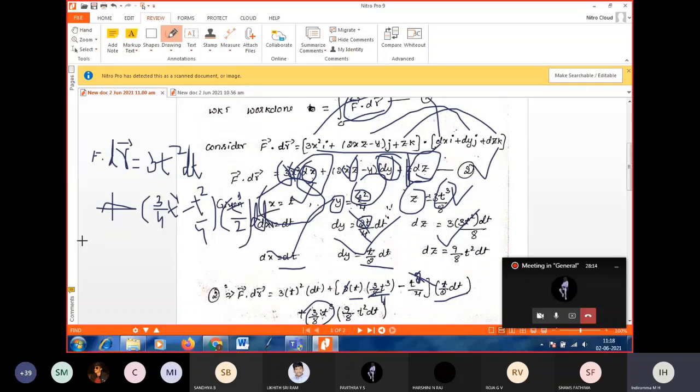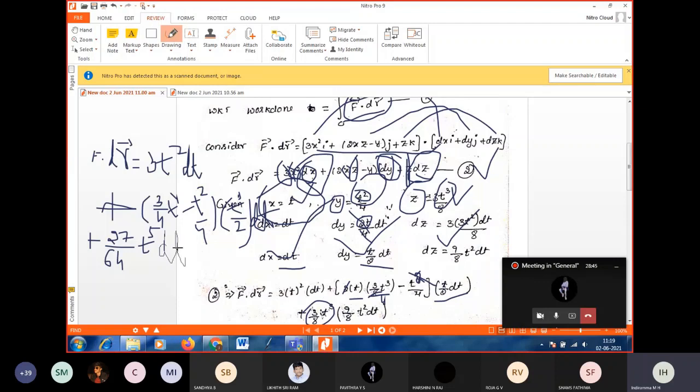The last term is plus, so no term will get cancelled. 9 3s are 27, 8 8s are 64. t cube into t square is t power 5. Bases are same, add the powers, 3 plus 2, 5 into dt.